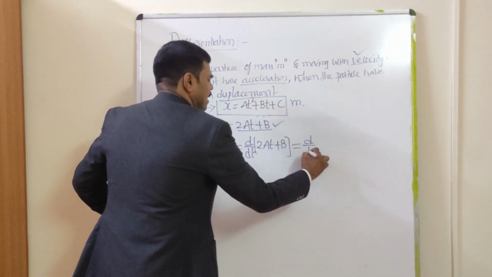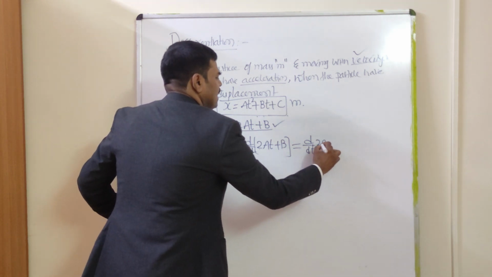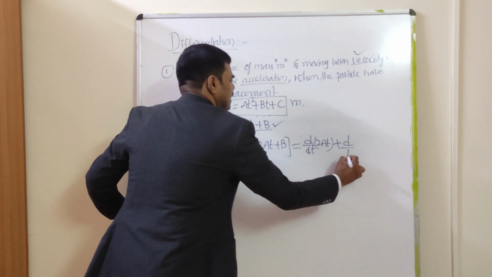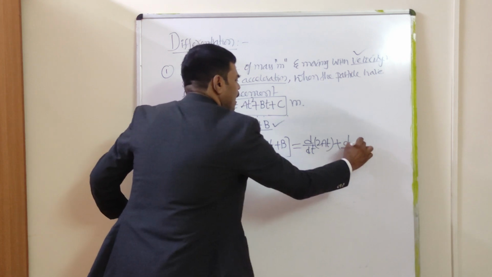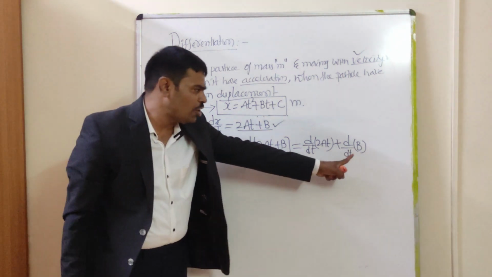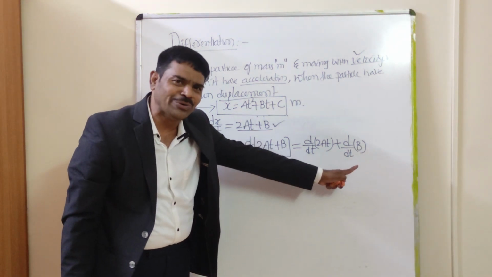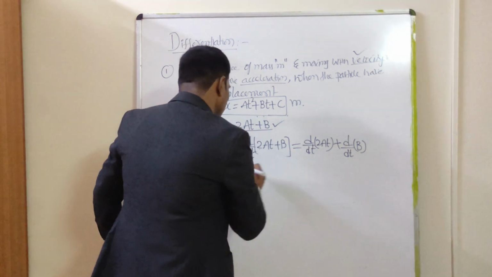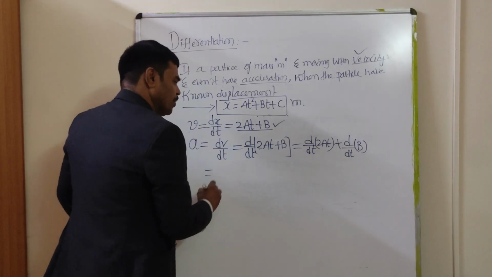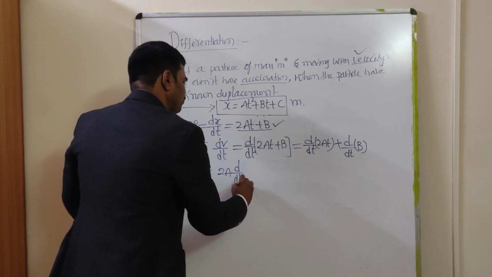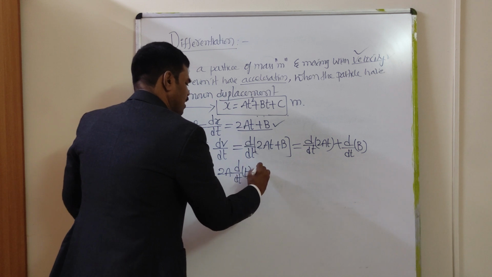So now I am going to continue from here, that is d by dt of 2at, one part, and the other part is d by dt of b alone. b is a constant, you know very well. The derivative of a constant value is how much? 0. This is 0. Now it is equal to 2a into d by dt of t, the first part.